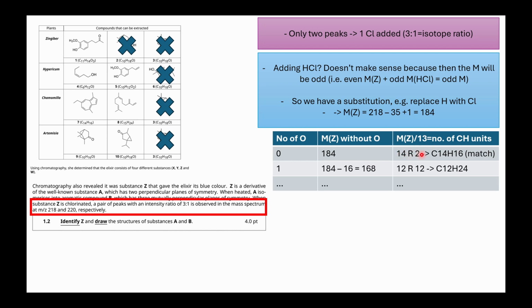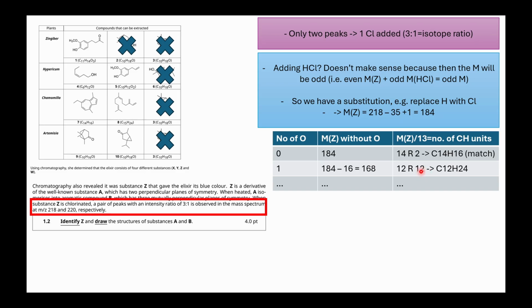Because you have a remainder term here, just use the fraction function on your calculator. The remainder tells you how many extra hydrogens you have other than the ones considered in the CH units, because you don't have a complete CH unit. If the remainder is 12, sure, you can have more carbons than hydrogens, one more carbon than hydrogen.